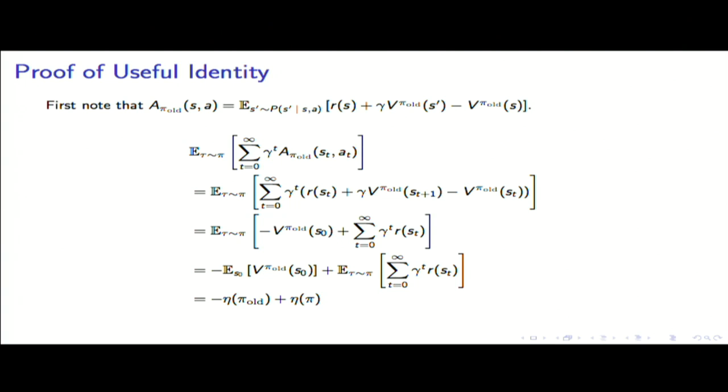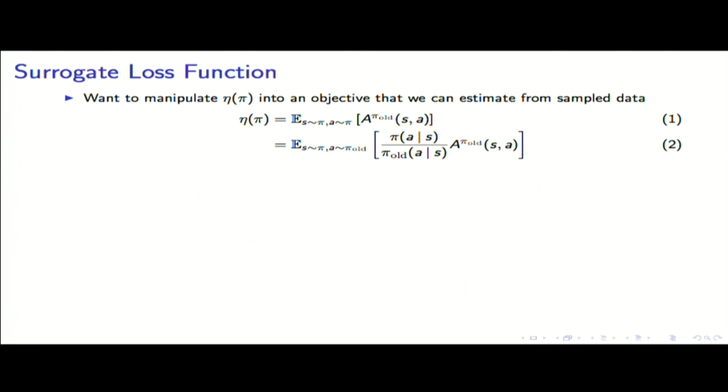So anyway, this calculation just tells us that the discounted sum of advantage terms is equal to this, tells us the difference of the policy returns. OK, so that doesn't help us so far because we have that we can compute the performance of the policy using the advantage function.